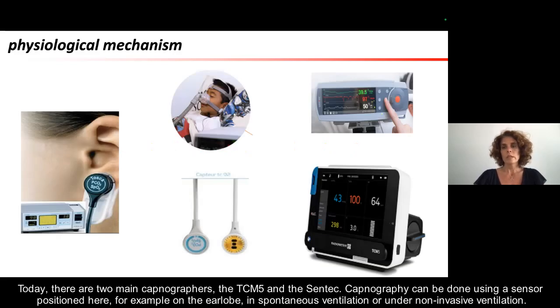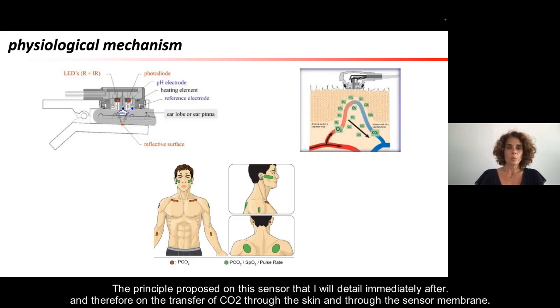Today, there are two main capnographers, the TCM5 and the Sentec. Capnography can be done using a sensor positioned, for example, on the earlobe, in spontaneous ventilation, or under non-invasive ventilation. The principle is based on the sensor, which I will detail immediately after, and therefore on the transfer of CO2 through the skin and through the sensor membrane.